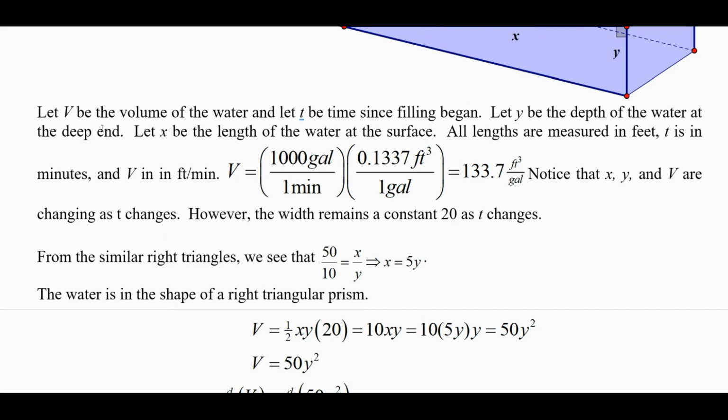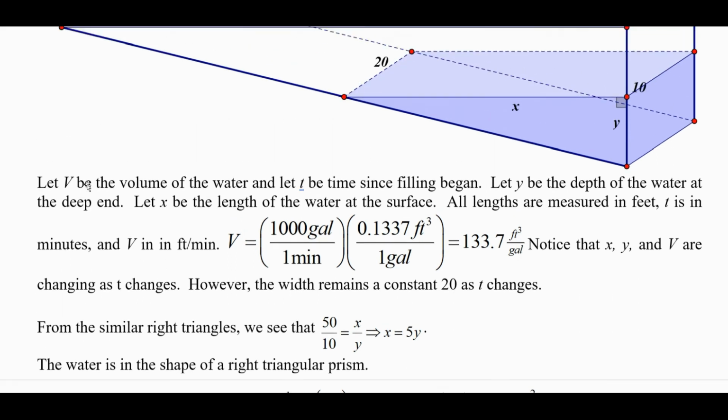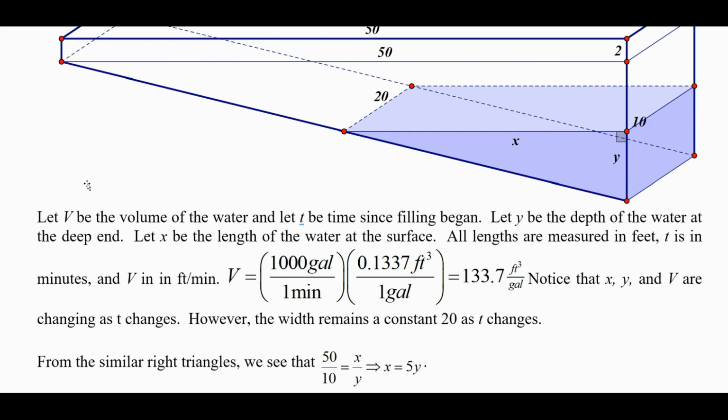So let V be the volume of water, T be the time since the filling began, Y be the depth of water at the deep end, X is the length of water at the surface, and all lengths are measured in feet. T is in minutes, and V is in cubic feet.